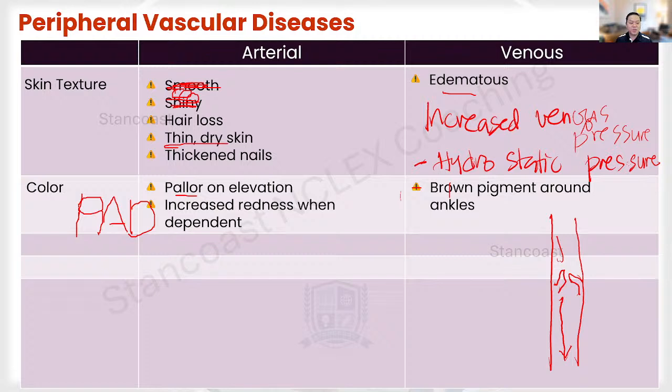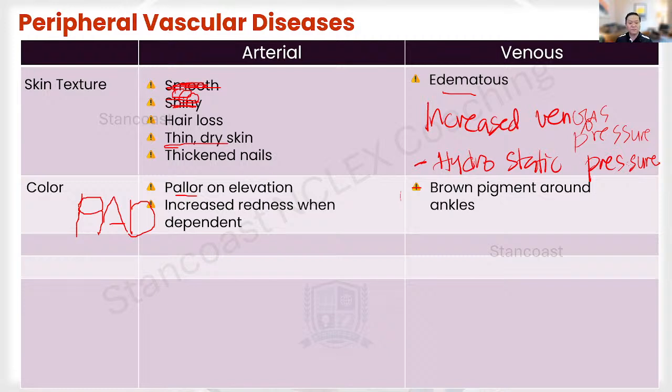This is going to be common, guys. I don't know if you have seen this in your patients with the venous type of PVD. Have you seen those pigmented brownish discolorations in their ankle area? Have you seen those? If you have, good job. This is very common, guys, especially for the venous type.